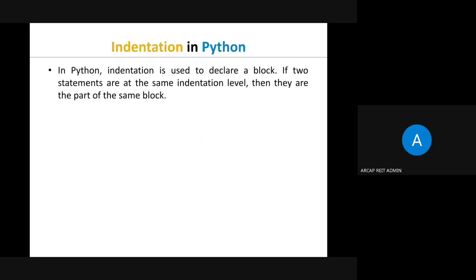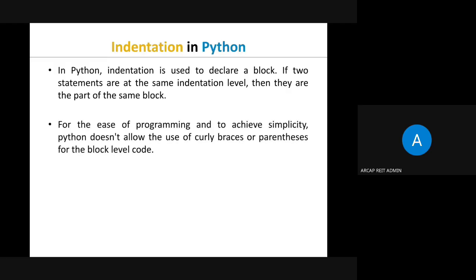So in Python, indentation is used to declare a block. If two statements are at the same indentation level, then they are part of the same block. For ease of programming and simplicity, Python doesn't use curly braces or parentheses. In C, to represent a block of code, it uses curly braces, right?